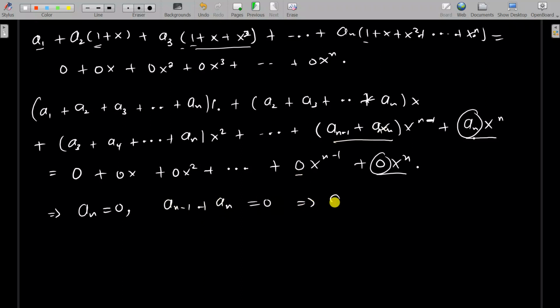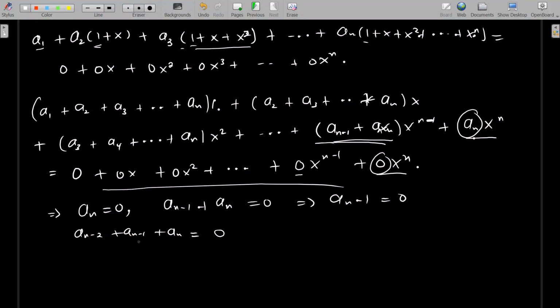This implies that a sub n minus 1 should be equal to 0. Now, before you got to this point, there would have been a sub n minus 2 plus a sub n minus 1 plus a sub n, and that should also give you 0 because the other coefficient on the other side here is 0. And I know this is 0, this is 0, so a sub n minus 2 should give me 0.